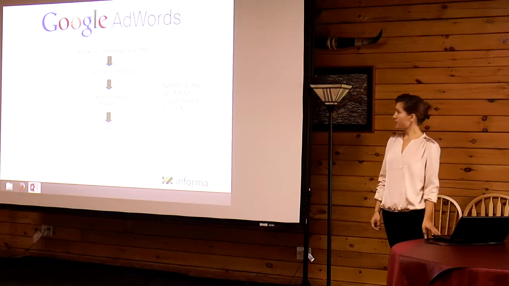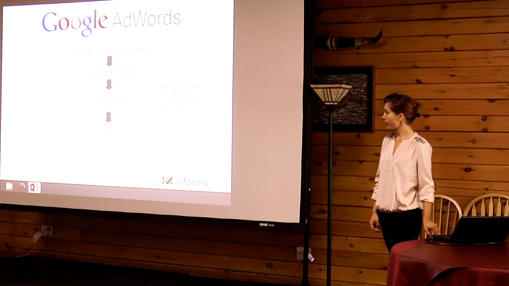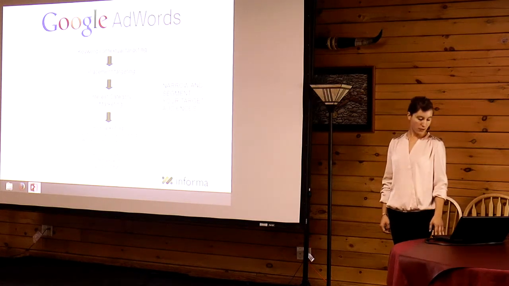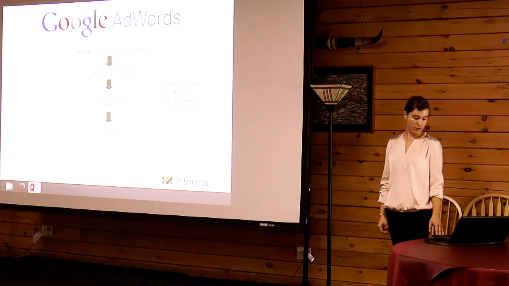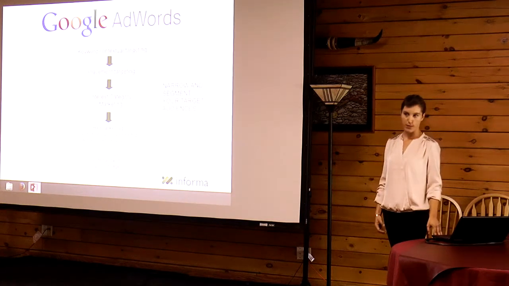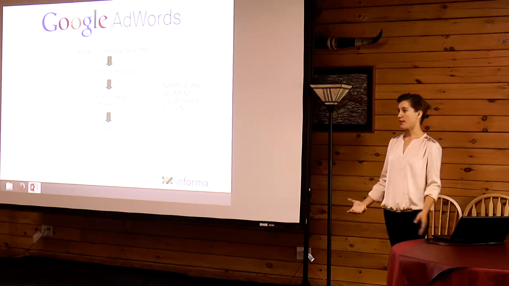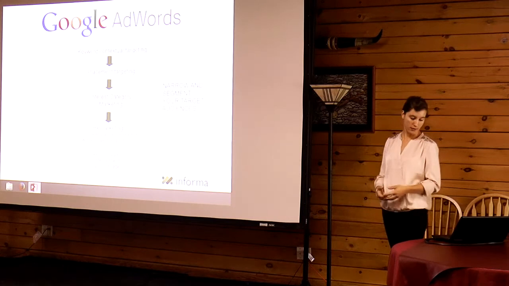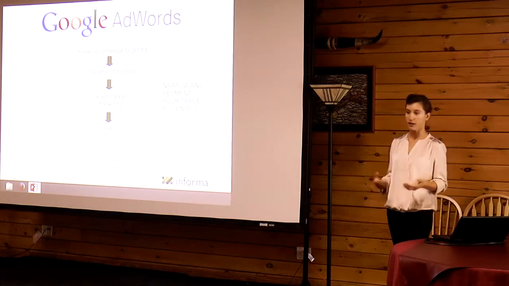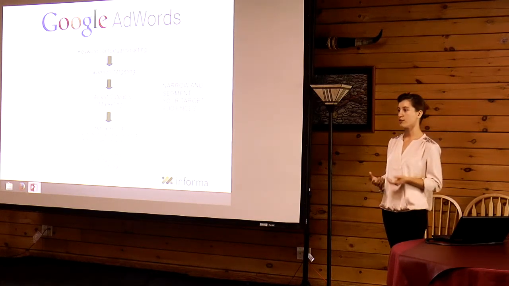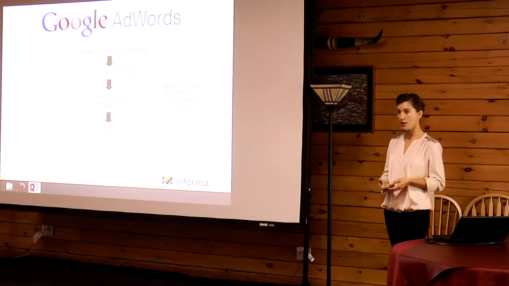Another option is interest category marketing, which you can use to show ads based on user interests. So let's say you're a travel agency and you target people whose online behavior shows that they're interested in travel.